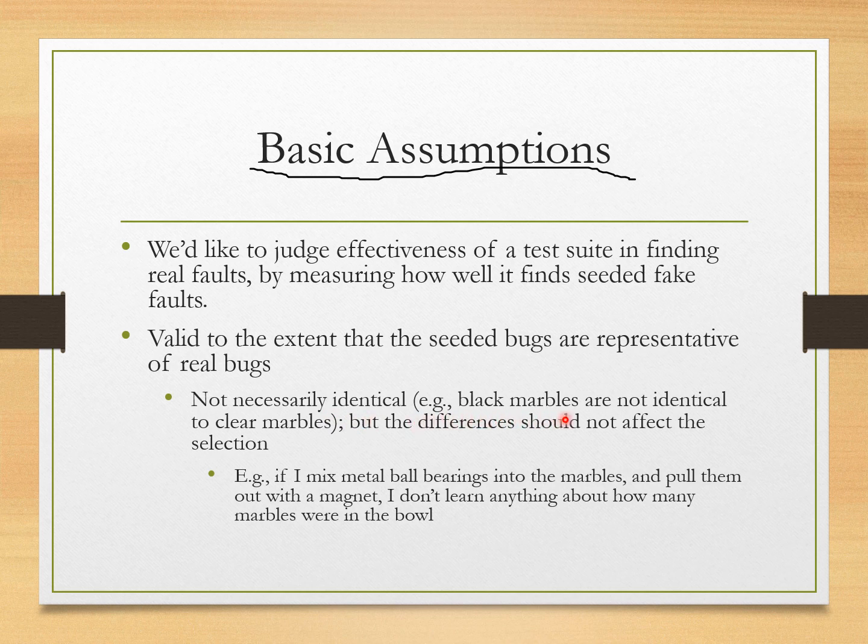Example, black marbles are not identical to clear marbles, but the differences should not affect the selection. Example, if I mix metal ball bearings into the marbles and pull them out with a magnet, I don't learn anything about how many marbles were in the bowl.